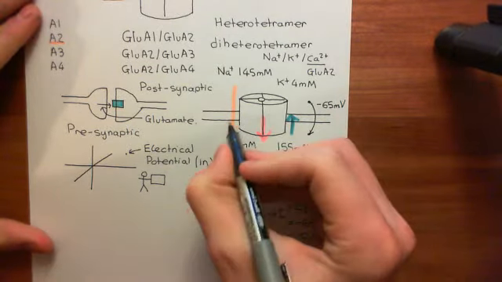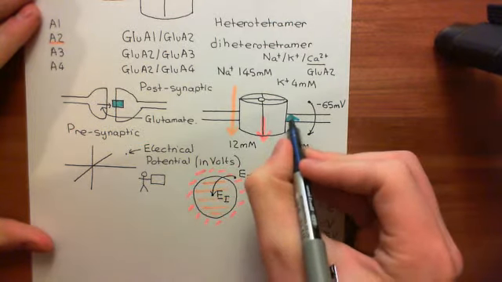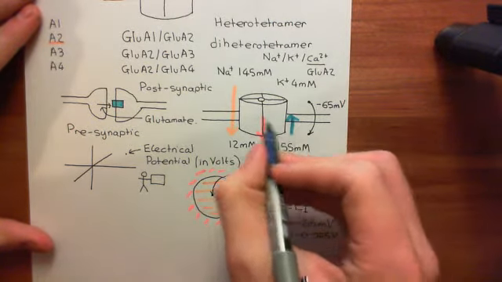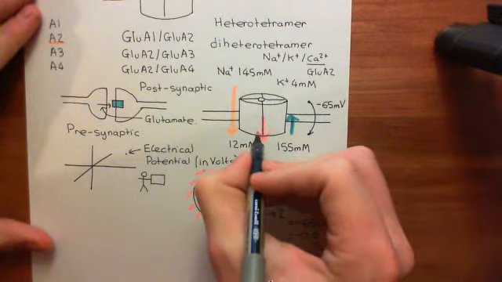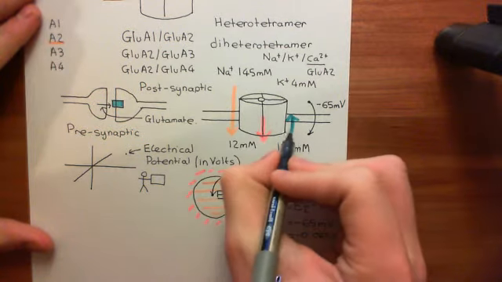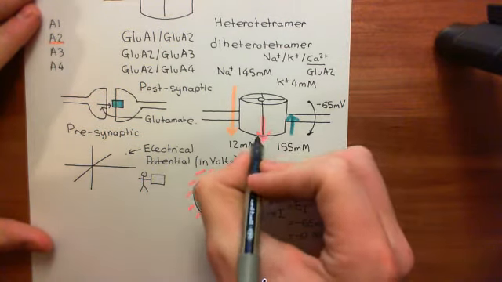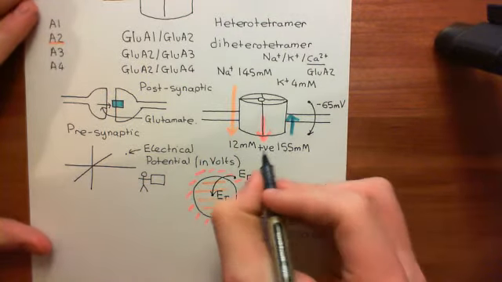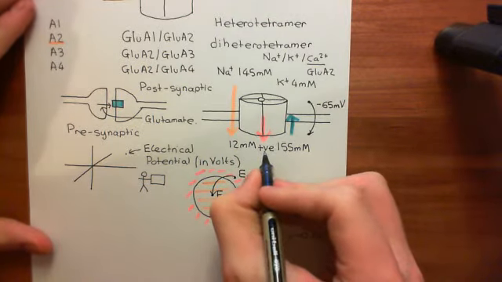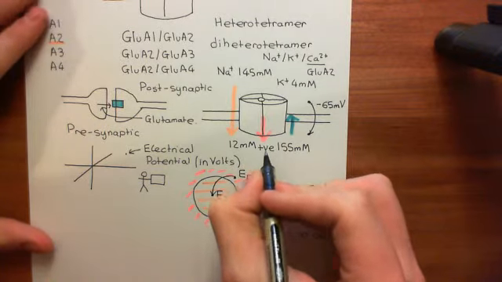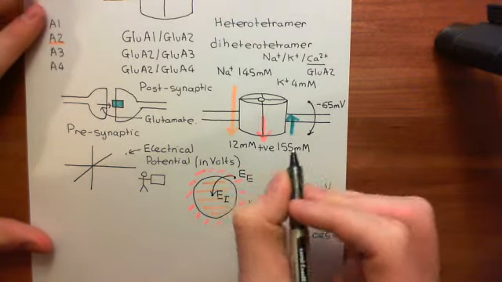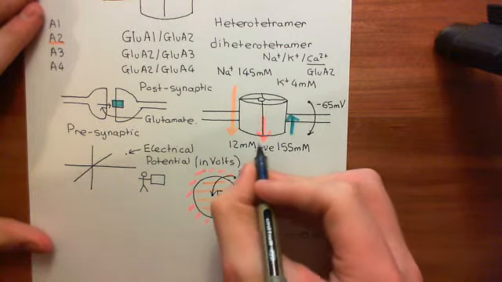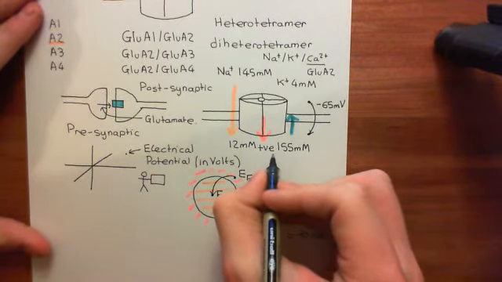If you take the orange arrow and subtract off the blue arrow, you'll get the net amount of positive charge that is coming in. Now, this positive charge is going to affect the electrical potential difference across the cell membrane.